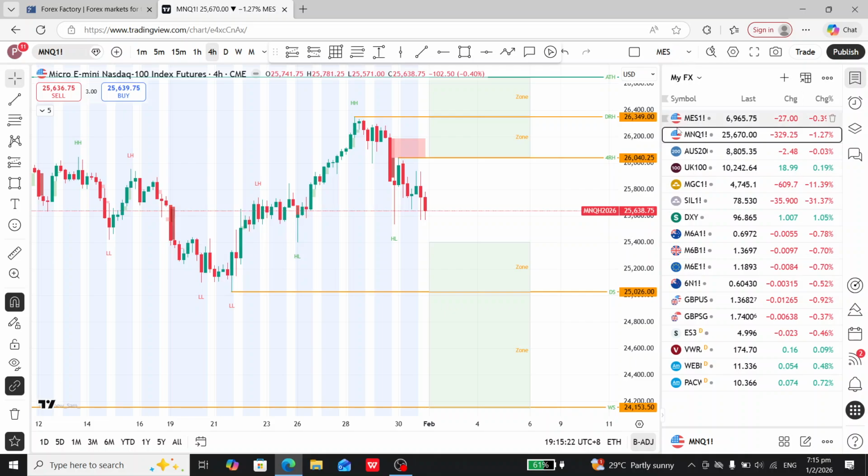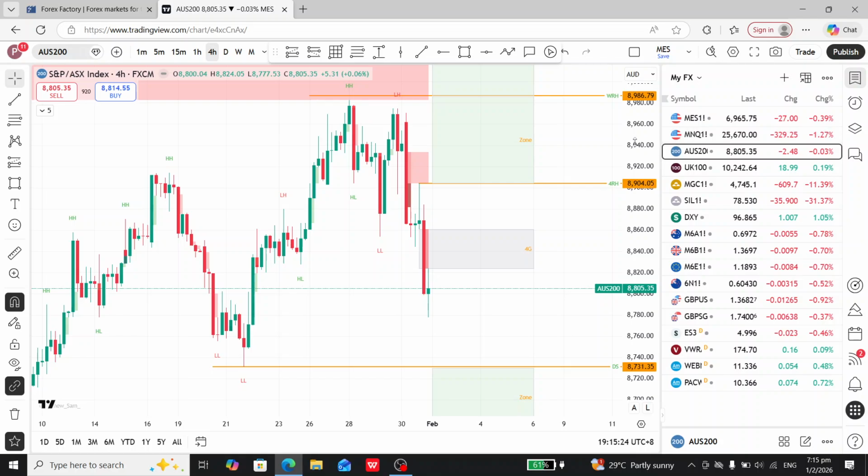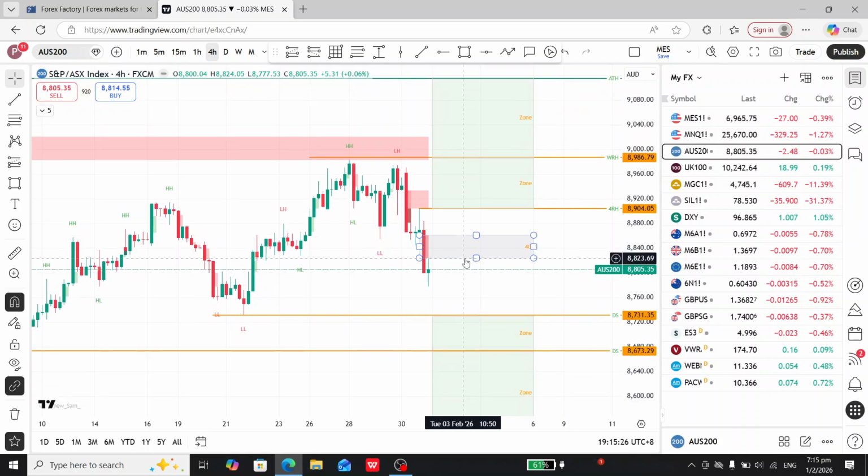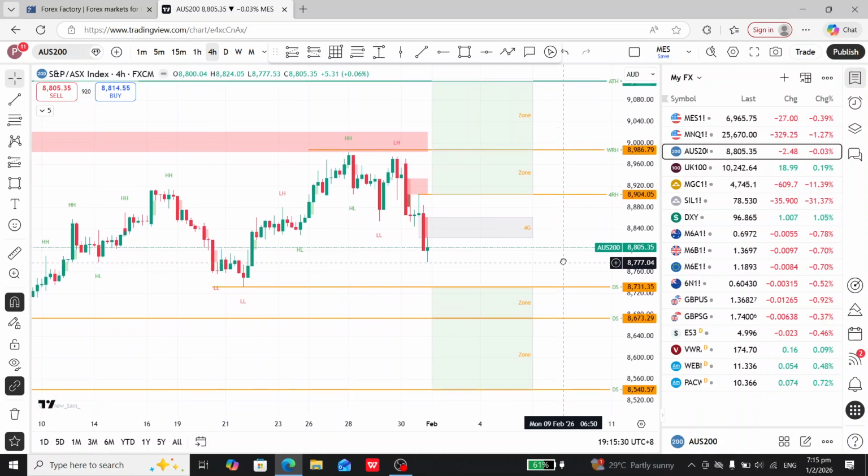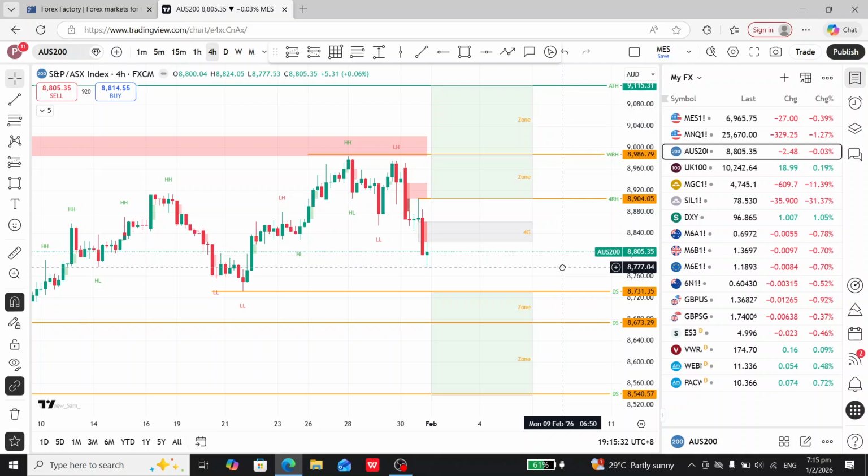Okay, take a look at the Aussie 200. For Aussie 200 I also define two zones each. Recently on Friday they created a new 4-hour gap.